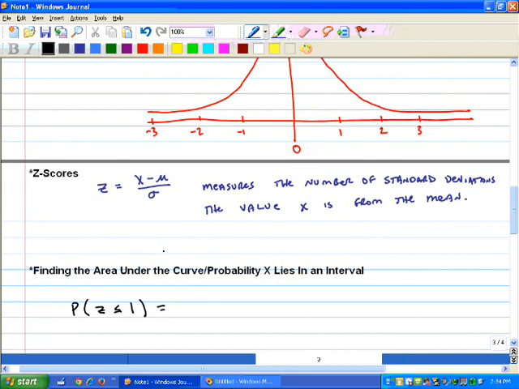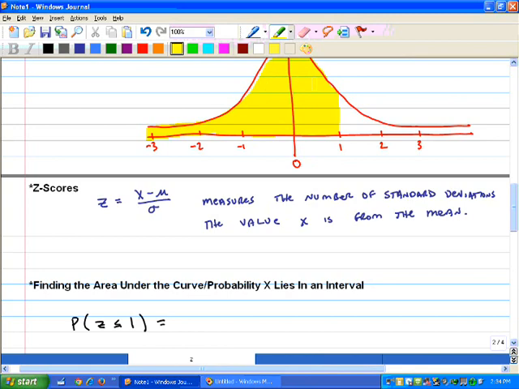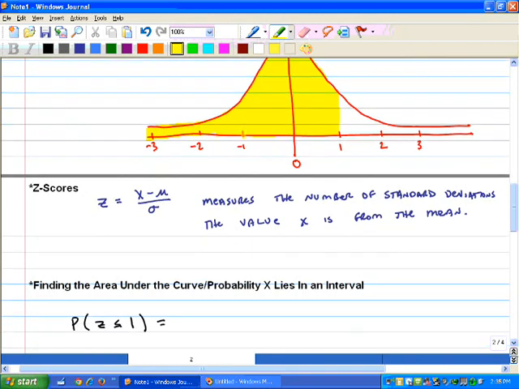On the curve above, what we're really finding is the area under the standard normal curve from -infinity to 1. That area represents the probability that our z-score for our random variable x is less than or equal to 1.